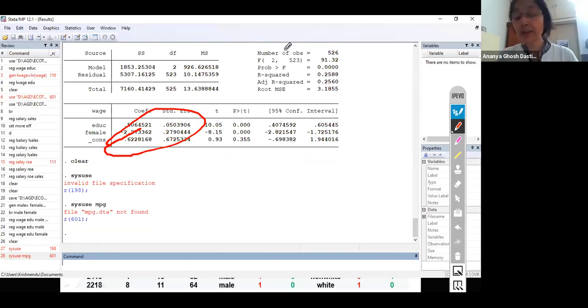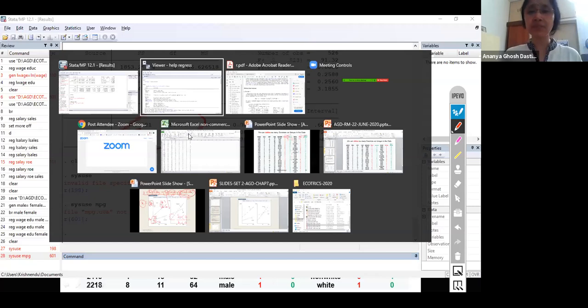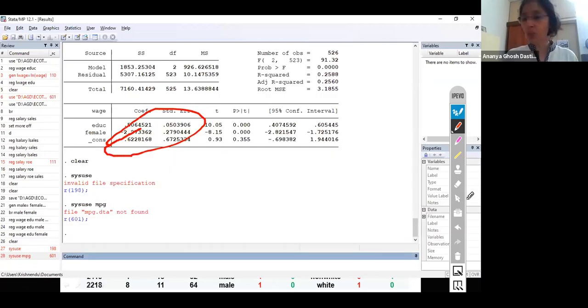So there are built-in Stata data sets which can actually be used. That is one way to navigate your way through Stata. I just wanted to point that out. In this particular version, the MPG data set is not there, but the help in Stata will surely show you what to do and where to go. Right. Now, what else is there?